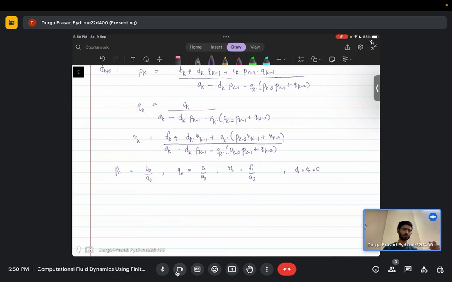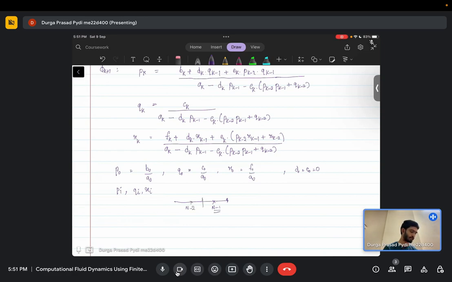And from these equations, now you can iterate. For any i, you will get pi, qi and ri, and then you keep on iterating till the last cell. For the last cells, you just need to remember that if this is your last cell, the n minus 1 cell, this is your n minus 2 cell.